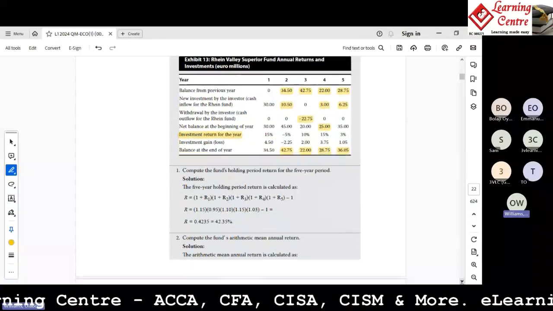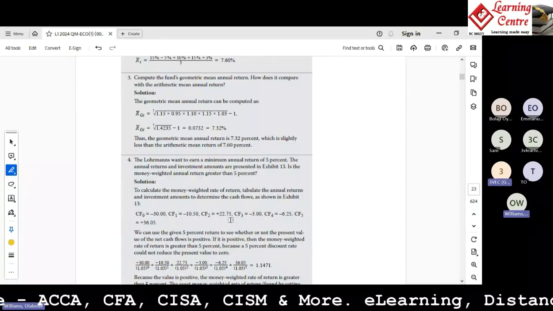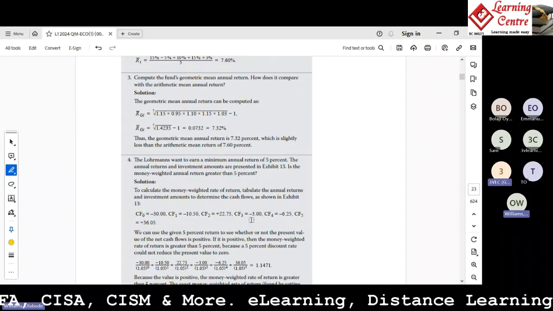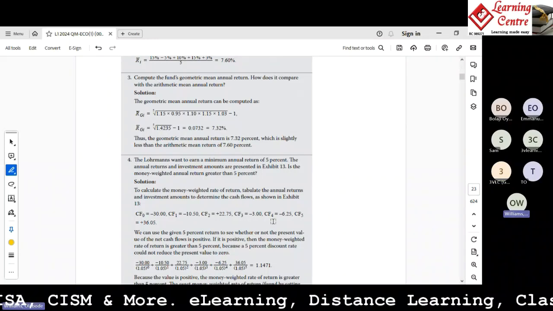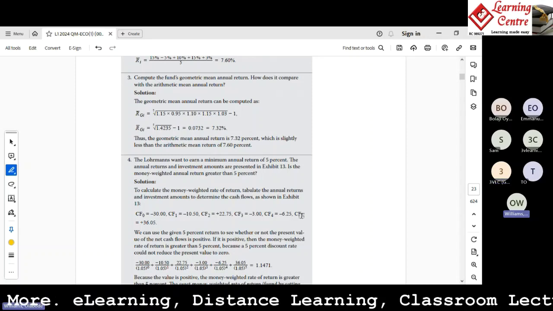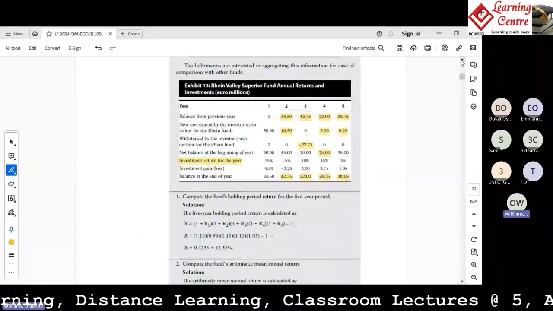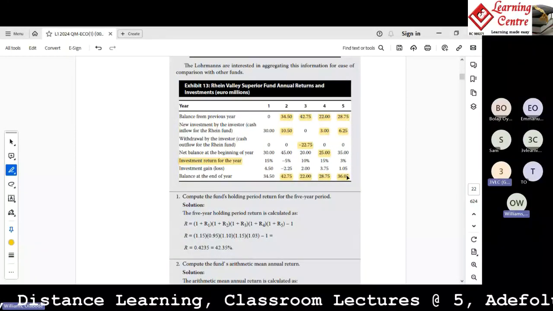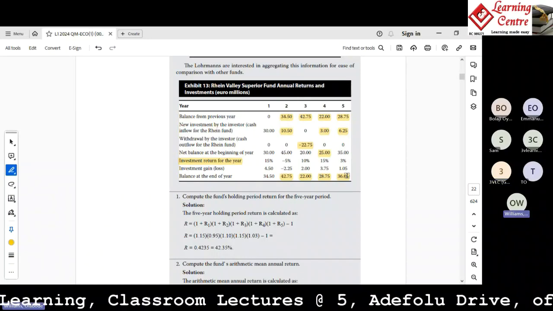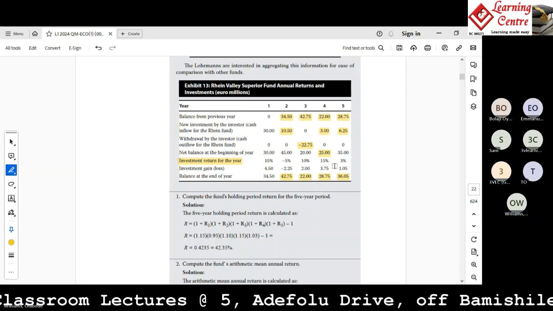For CF2, it is the 22.75 withdrawal. And for CF3 it is the -3. For CF4 it is the -6, that is the new investment. And then the CF5 will be the balance in the portfolio, which is the 36.05. Now that way you have your CF0 to CF5, and then you can plug that into your IRR calculation.